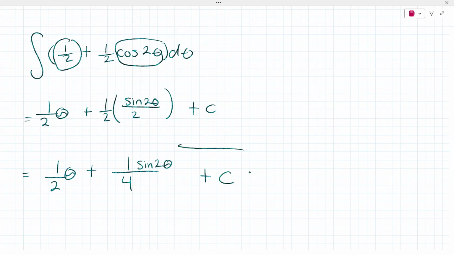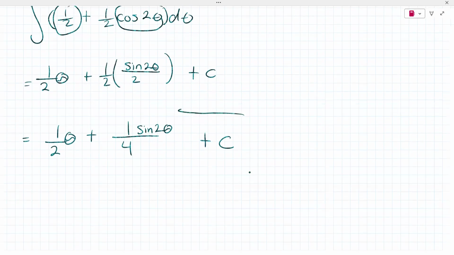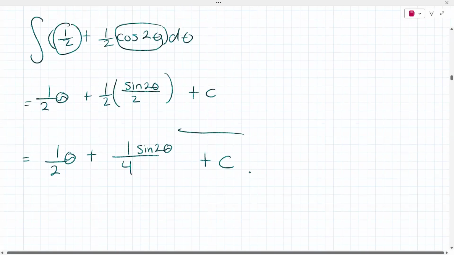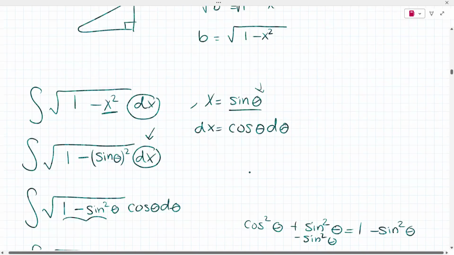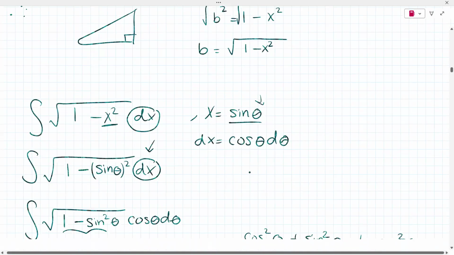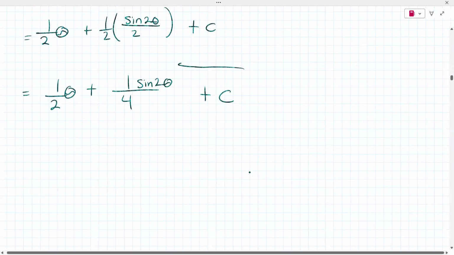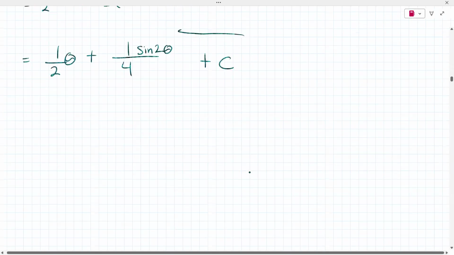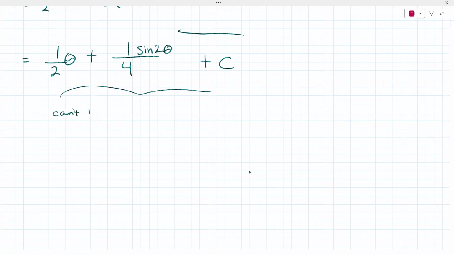Okay, now can this be our answer? No. Why can't this be our answer? We started in terms of x, right? So our final answer should be in terms of x. So how do we do that? This right here can't be our answer, since it's in terms of theta.